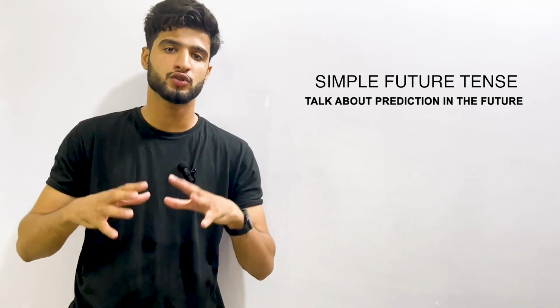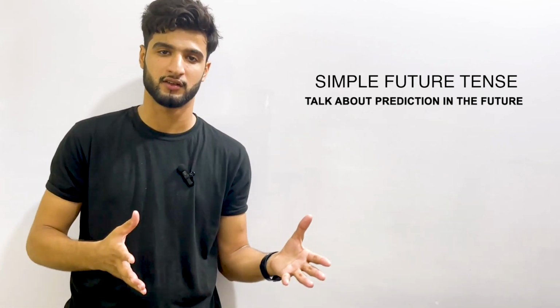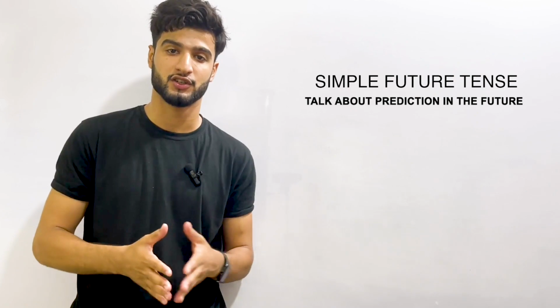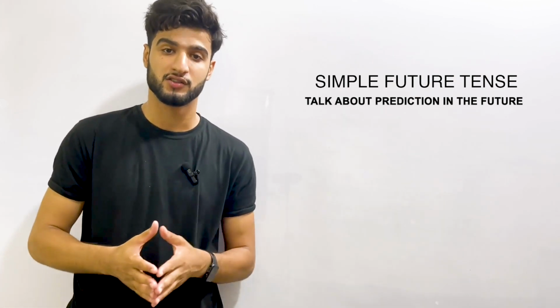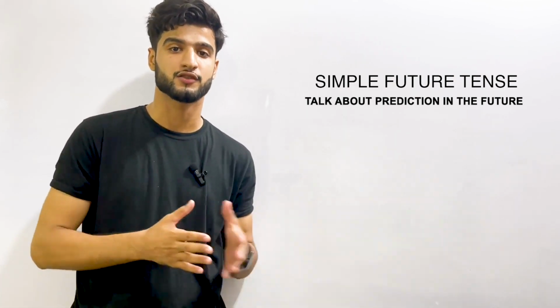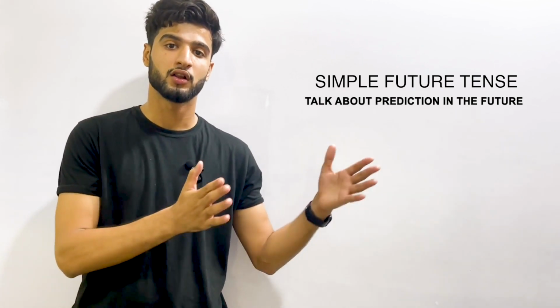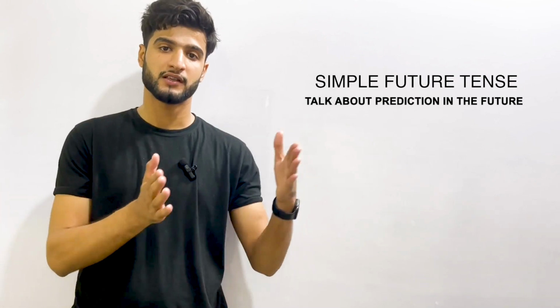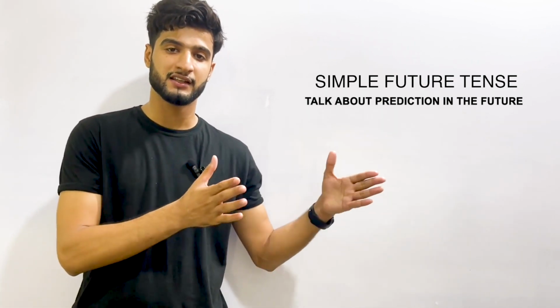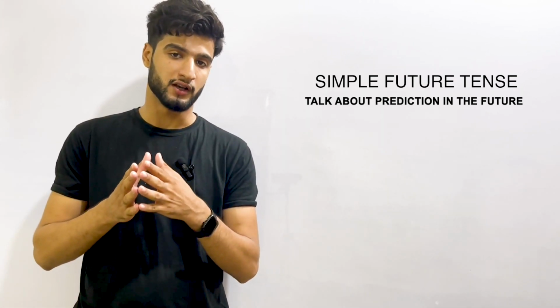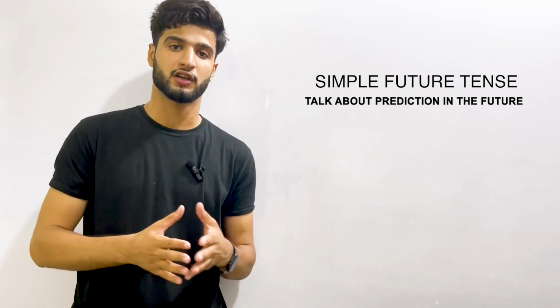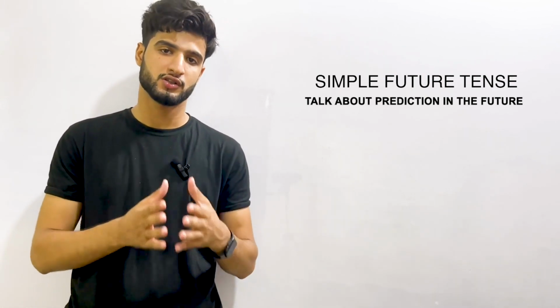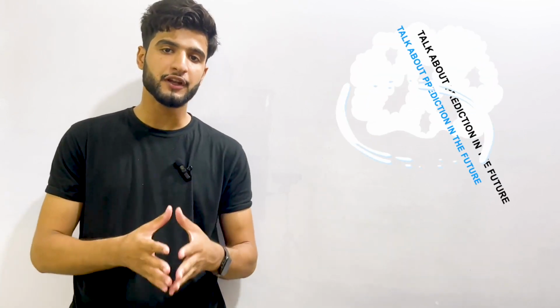Definitely, it's going to shower, right? It's going to rain. So now that is your prediction, and your prediction can also be described with simple future tense. For example, it will rain. Subject plus will plus first form of verb. So simple future tense structure can also be used to describe predictions.